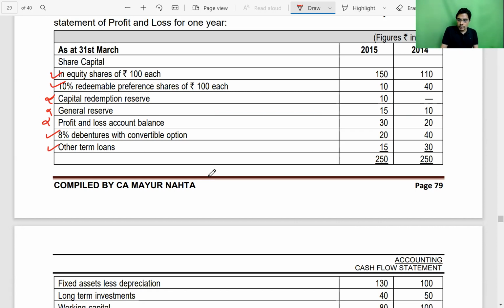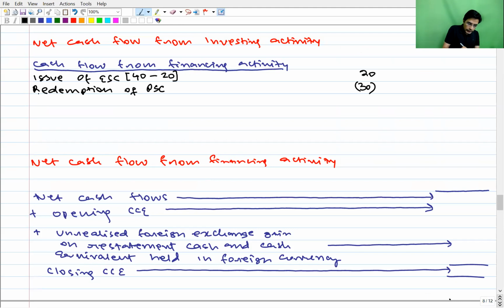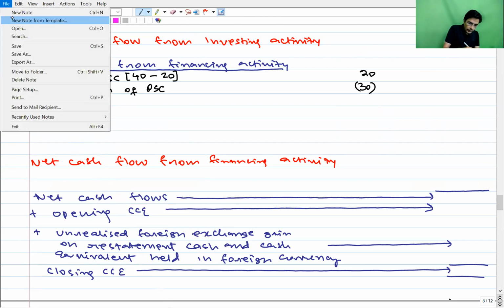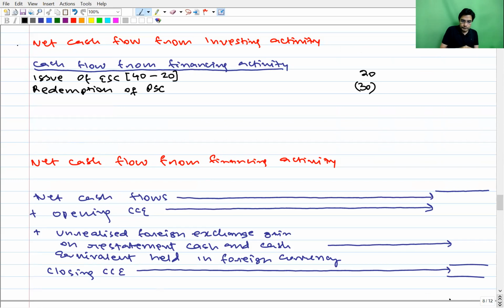Next, other term loans. From 30, it became 15. From 30, if it became 15, there is a repayment of term loan. Repayment of term loan.